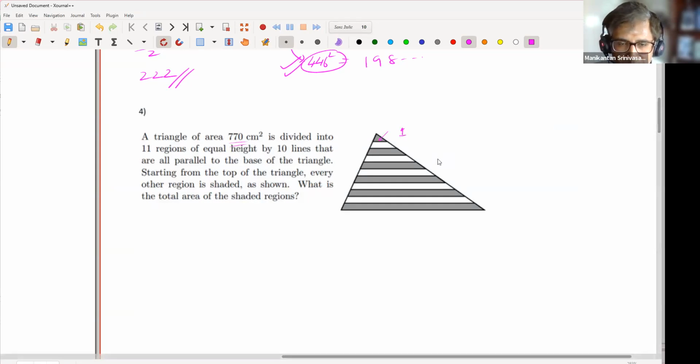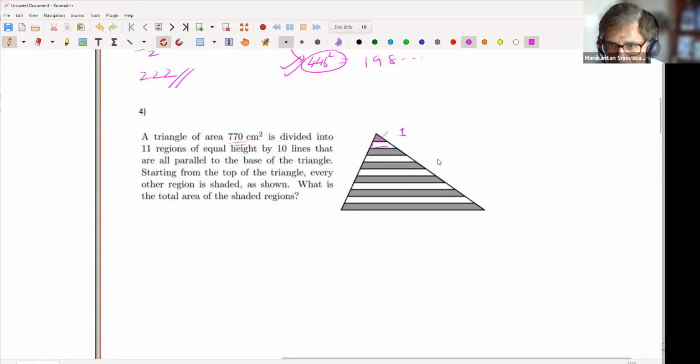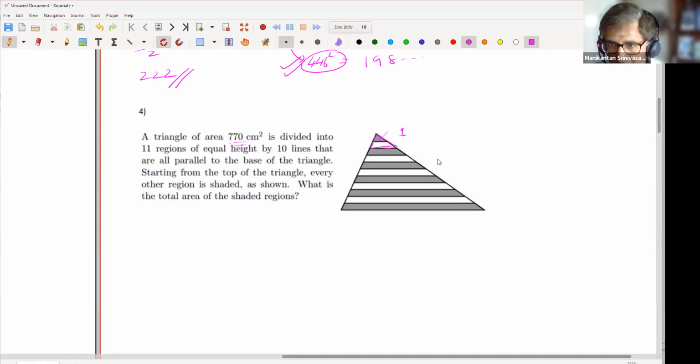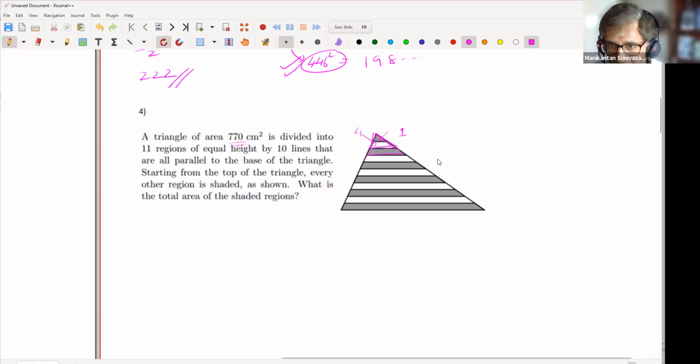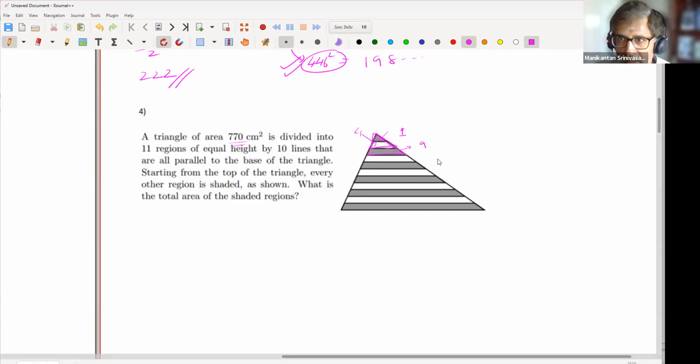I know the exact numerical value is given, but let's say this topmost one is 1, then this one would be 2 square, which is 4, right? So this will be 4, and then this one will be 9, correct? So in proportion, the areas would be 1, 4, 9, 16, and so on, all the way till the last one, which is 121, since there are 11 of them, right?